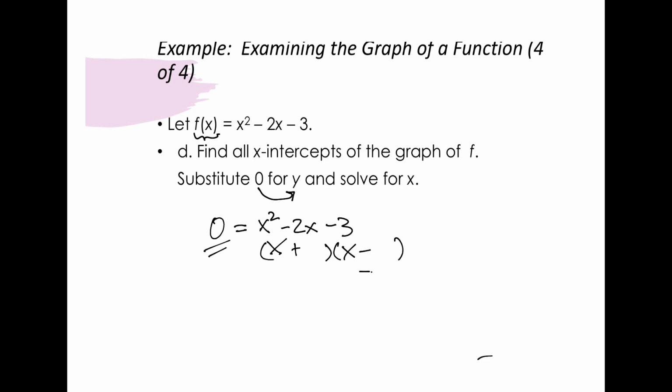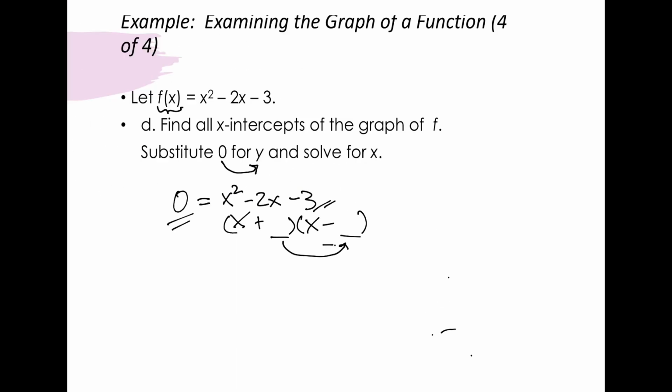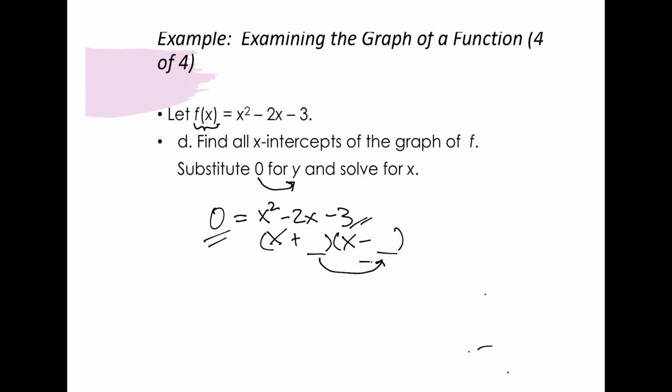I know it has to be positive and negative because, just like the previous one, I'm going to get negative 3 as a product. The only way we get negative 3 is with a positive and a negative number being multiplied. I want a difference of 2, or I want the sum of my inners and outers to get me negative 2. So I have to look at the factors of 3.